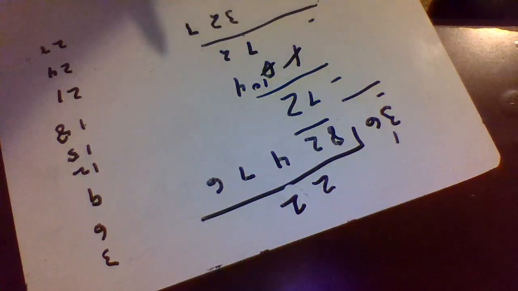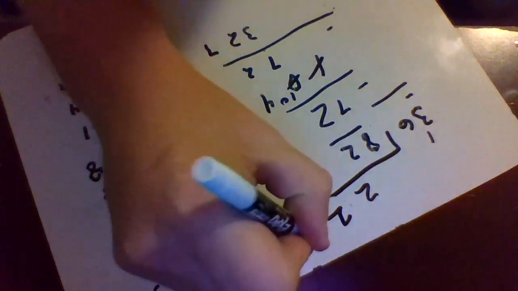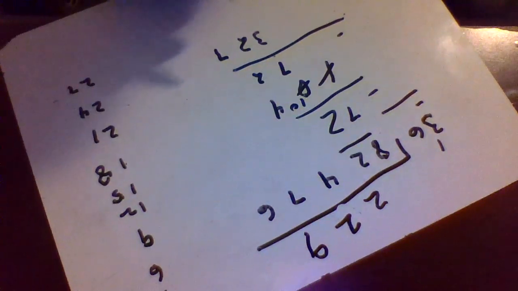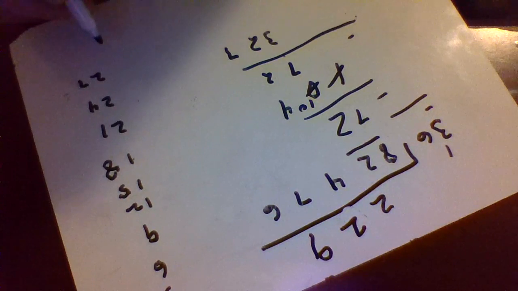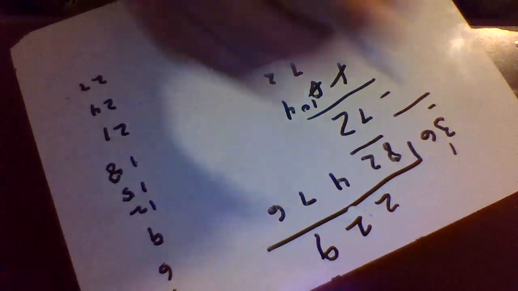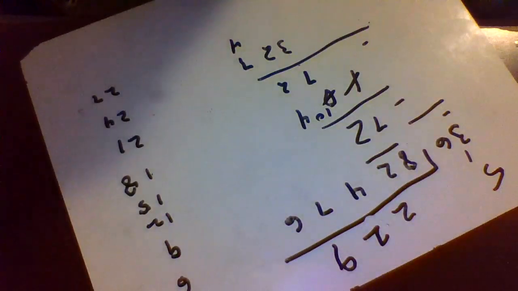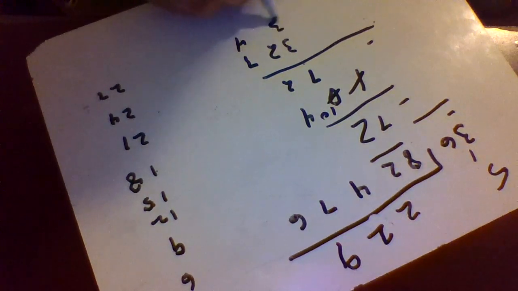So 3 goes into 32, so it would be 10, but I'm going to put 9 because we can't put 10. 9 times 6 is 54. Carry the 5. 9 times 3 is 27, plus 5 is 32.